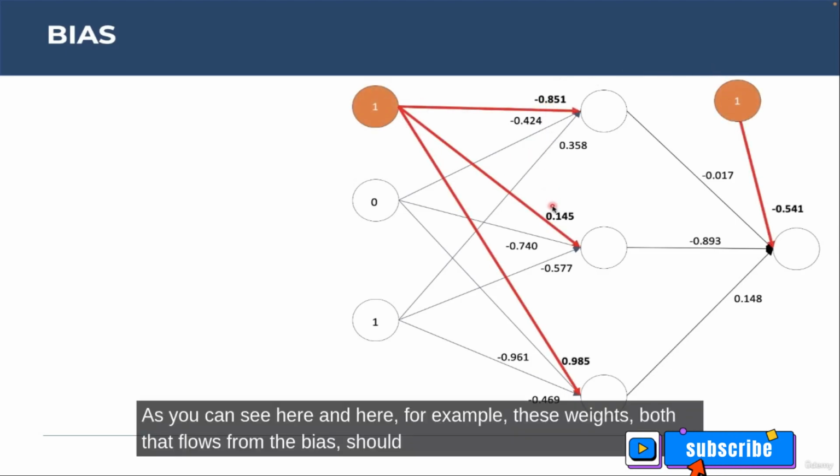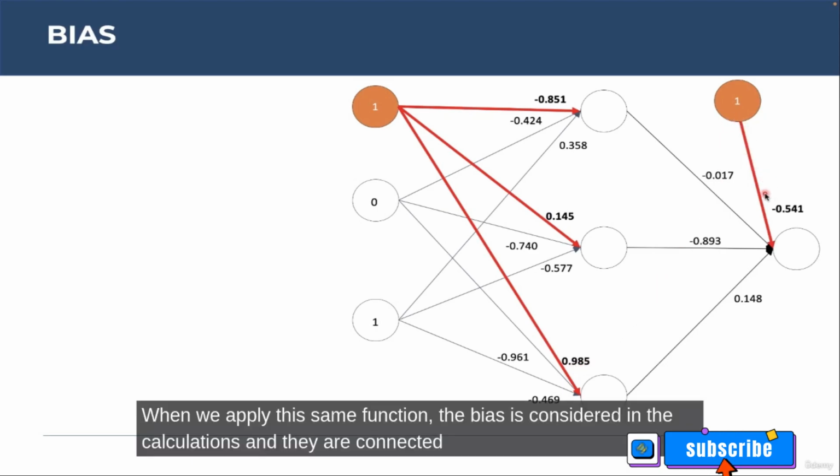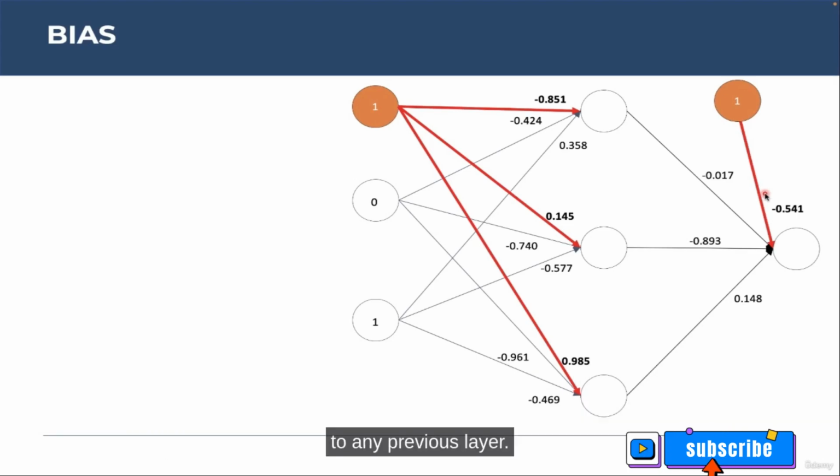For example, these weights in bold flow from the bias to the hidden layer and from the bias to the output layer. When we apply the sum function, the bias is considered in the calculations, and they aren't connected to any previous layer.